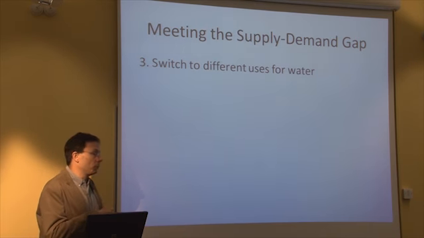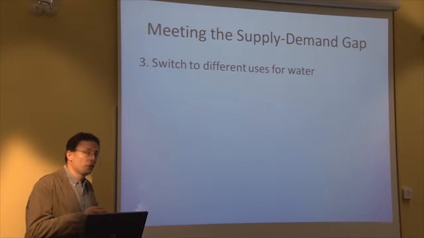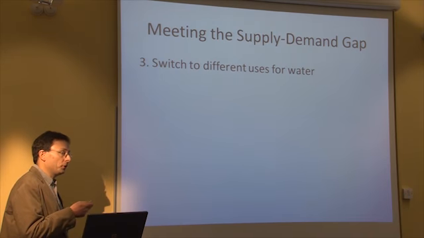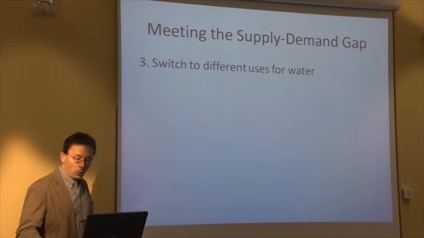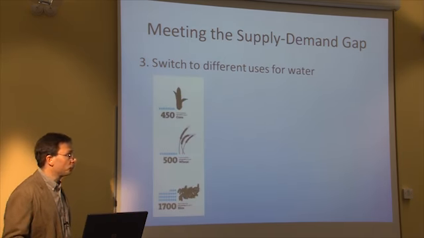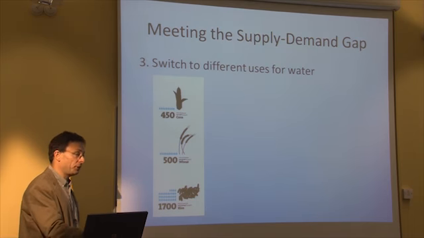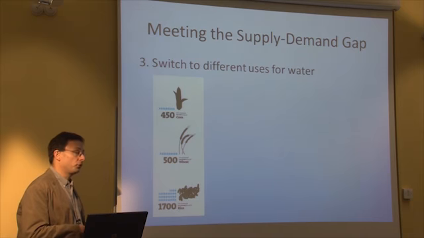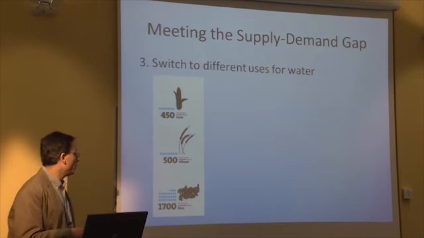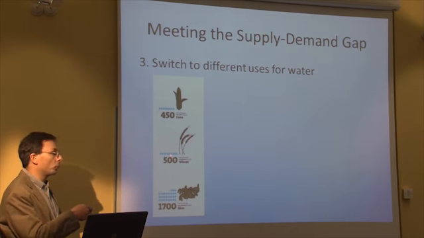That's a bit more complicated in the water situation because there's no real substitute for water. But there are substitutes for the way we use water. So one example might be that instead of everybody eating rice, which has a very large water footprint, at the bottom here, so 1,700 liters to produce 1 unit of rice, one switches to less water-intensive crops.